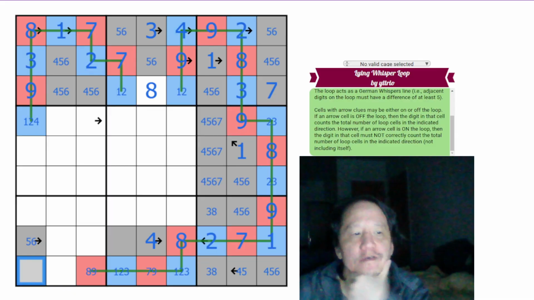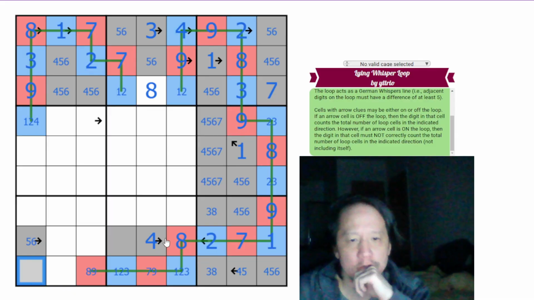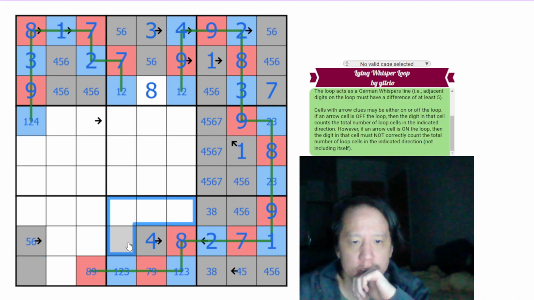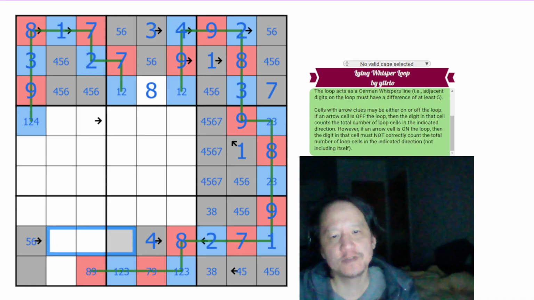What could this be? So we have 3, 5, 6, and 9 here.